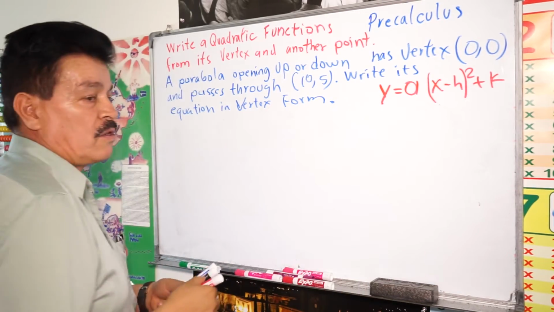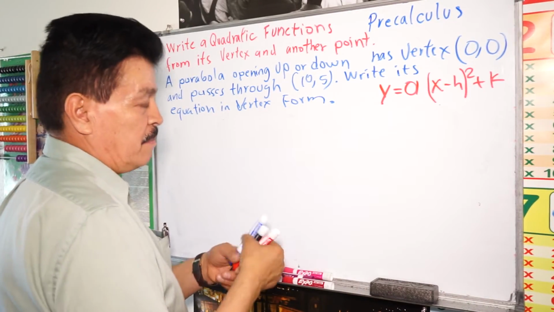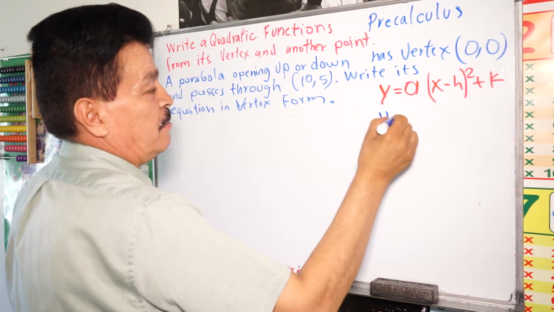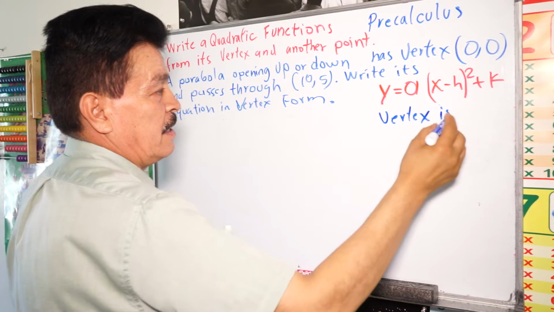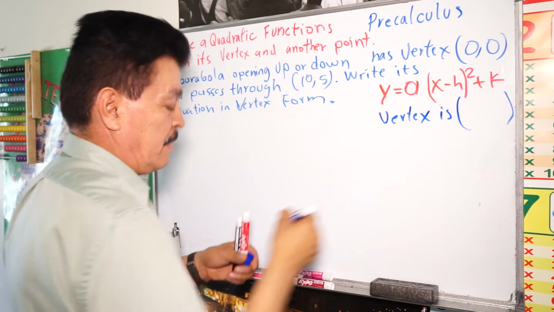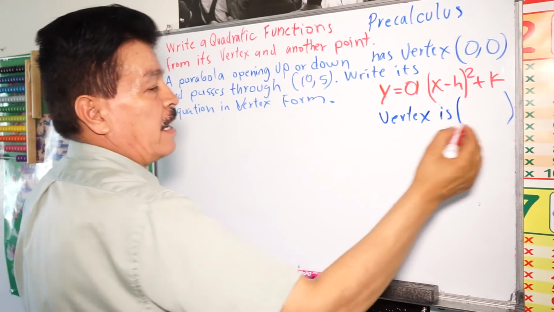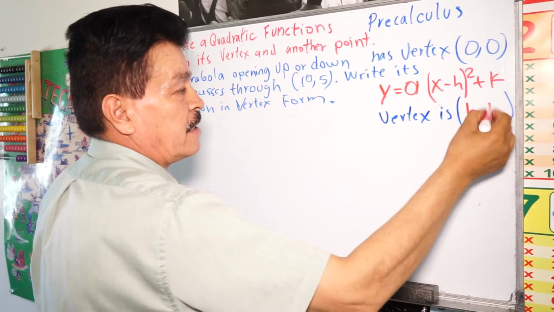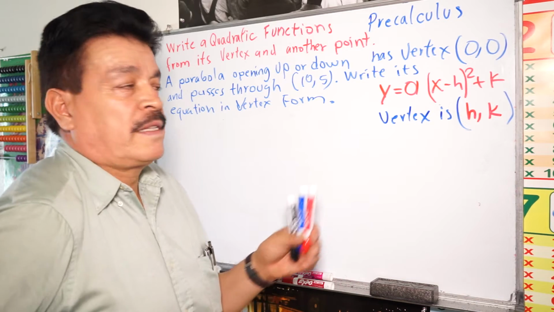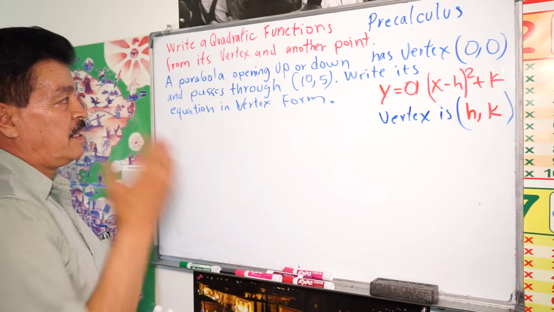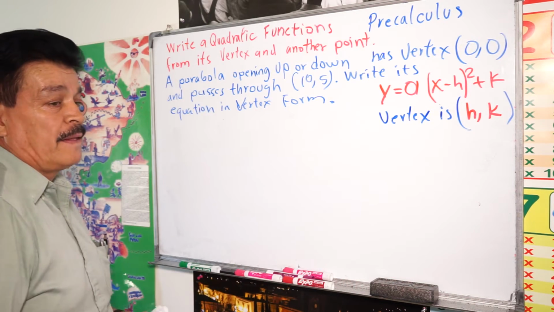Also, the vertex is (h, k). Keeping this concept in mind, it is very simple to solve this problem.